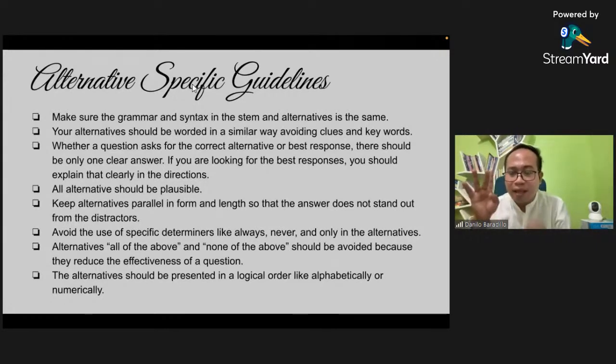Sometimes the thought is that you were missing out some items, then you place none of the above or all of the above. The alternatives should be presented in a logical order, like alphabetically or numerically.